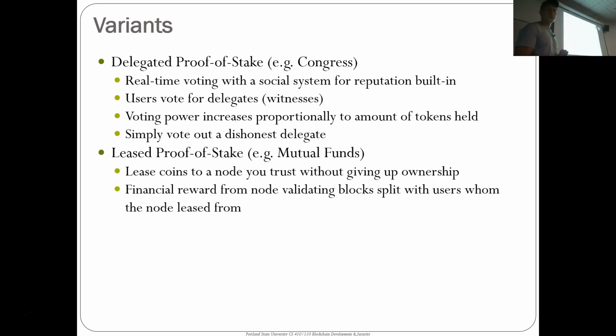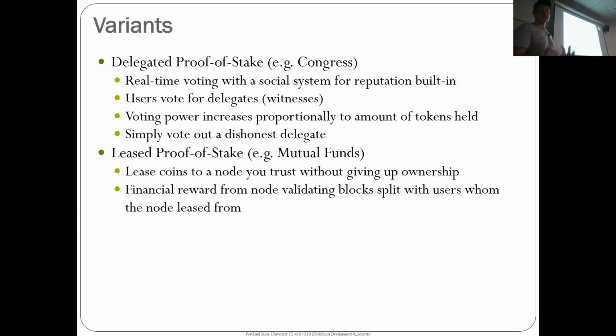There's this leased proof of stake, where this is like a mutual fund. You lease your coins to some trusted entity, and that trusted entity will then insert blocks onto the blockchain, but you get a block reward. Like if you're doing the work to get all the transactions, validate them, and insert them into the blockchain, there's going to be a reward for that.